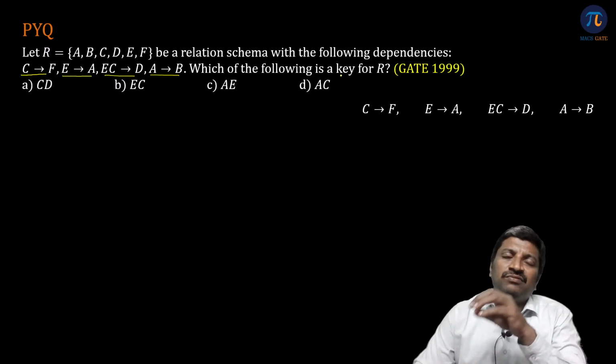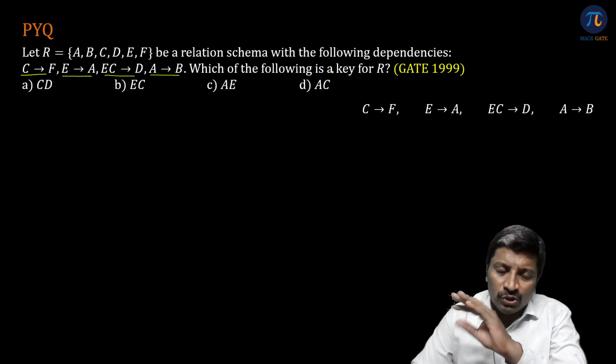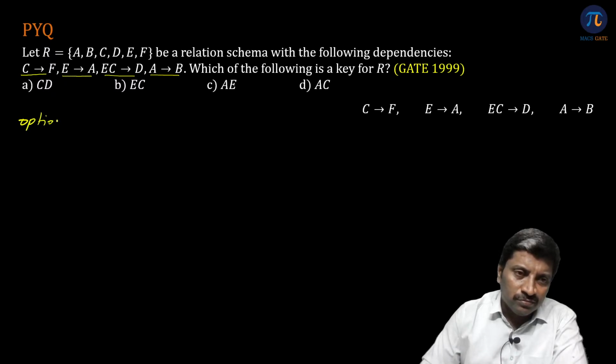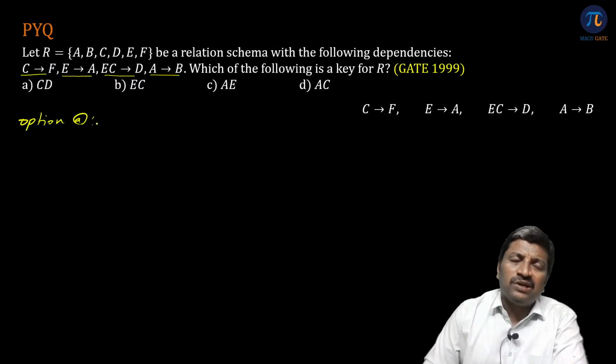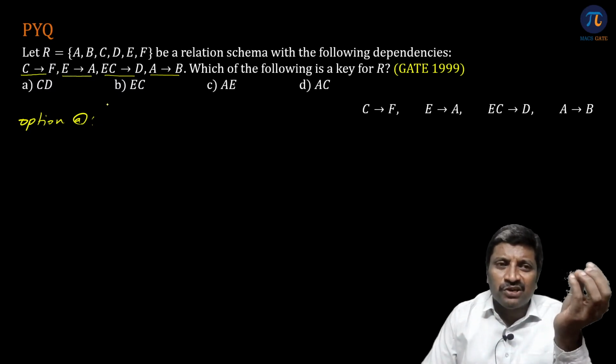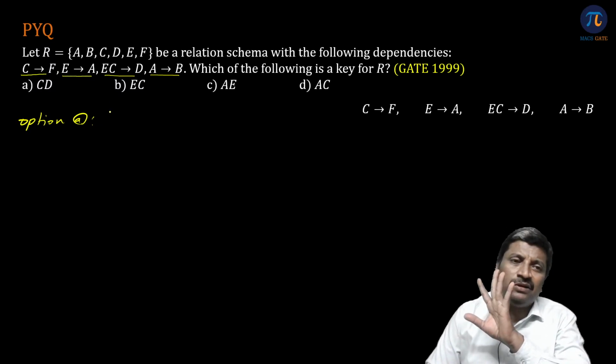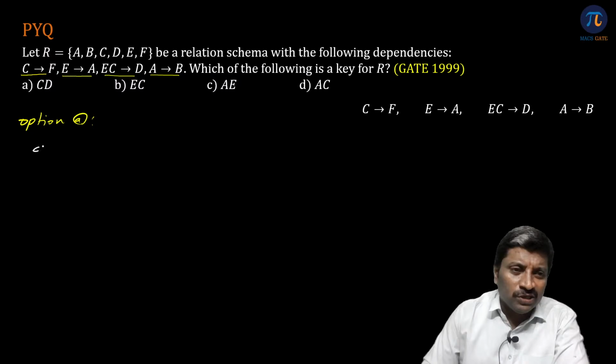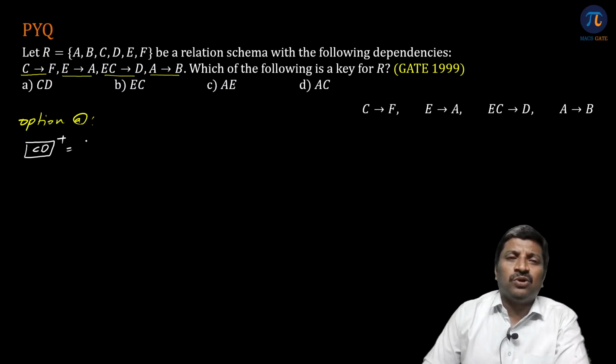When they ask which of the following is a key, don't take any risks, sir. Simply let us try each and every option. Sir, if you want, you can follow the procedure of attributes which are not on the right side of anything like that. Instead of that one, let us try the simplest trial and error method. What is CD closure?